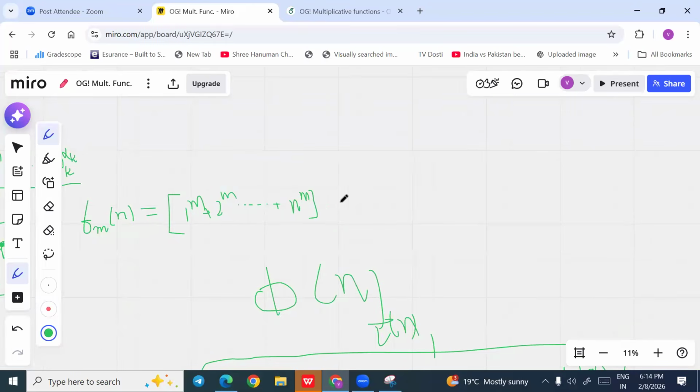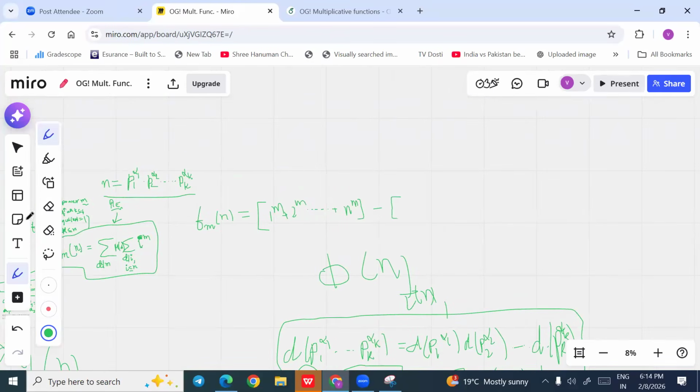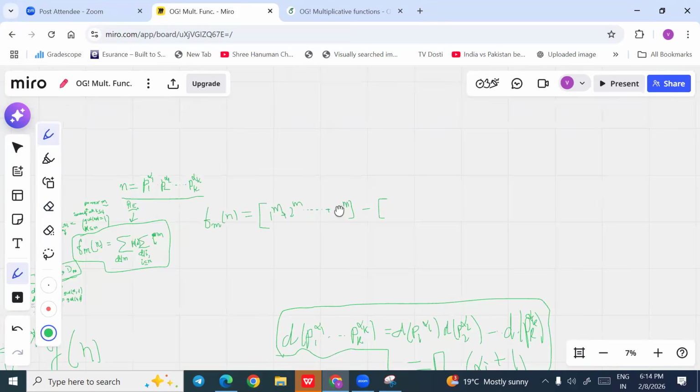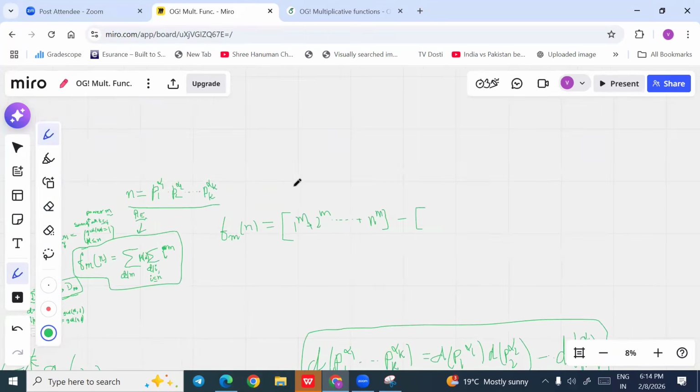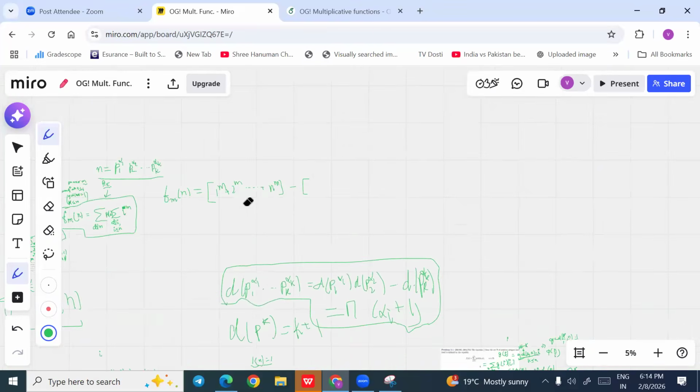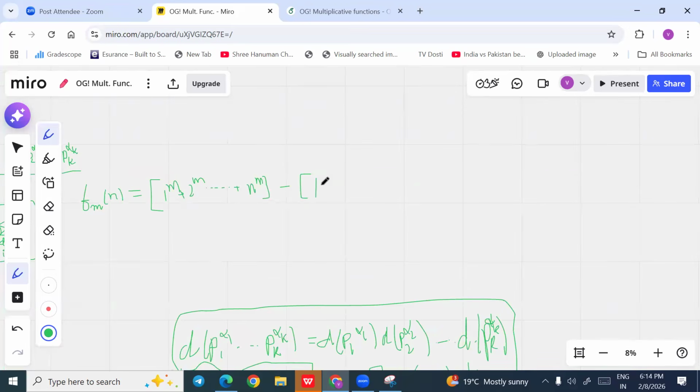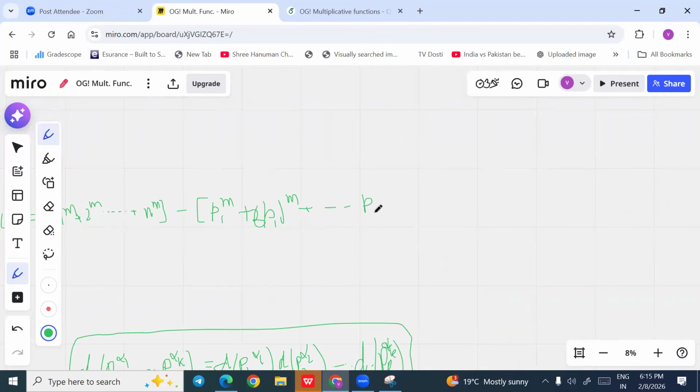Right. Then you subtract all those powers which are divisible by p1. So you will have the multiples of p1 which are less than n: p1 to the m, plus 2 p1 to the m, dot, till n by p1 times p1, to the m.